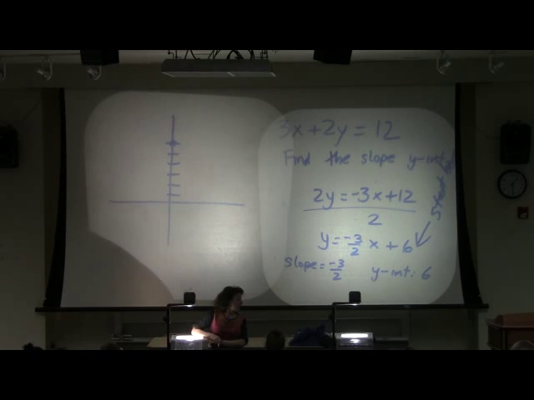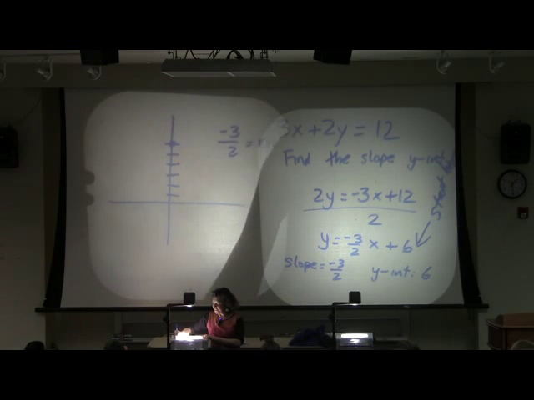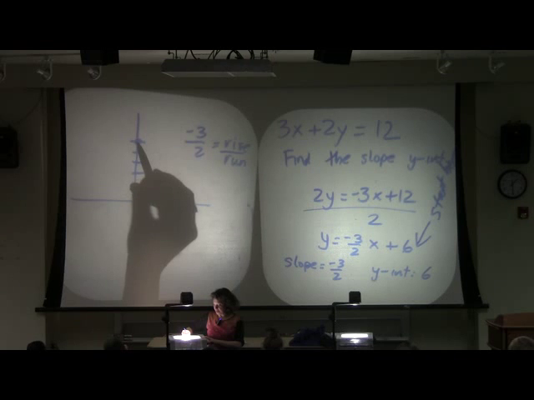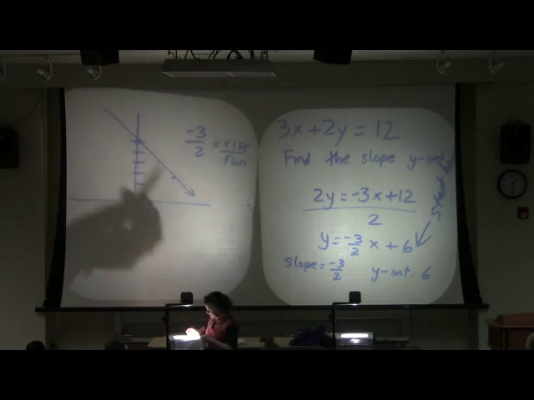What does the slope of negative 3 halves tell me? Well, remember, your slope is rise over run. What does it mean to rise a negative number? You go down. So what we do is we start here, we go down 3, so 1, 2, 3, and then over 2, and then we play connect the dots.